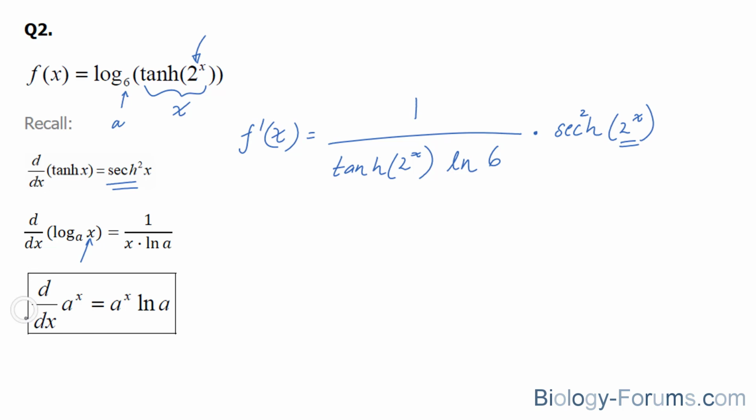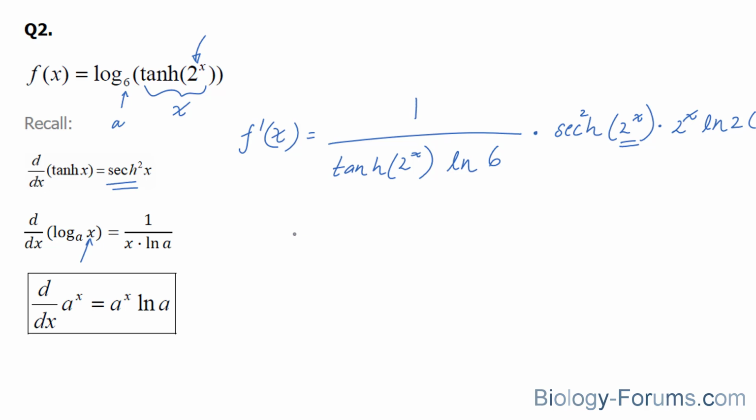And this is where this part comes in. Your a is your 2, your x is your x. And so what we'll do is multiply this growing expression by 2 to the power of x ln of your a value, which is 2, times the derivative of x, which is 1.